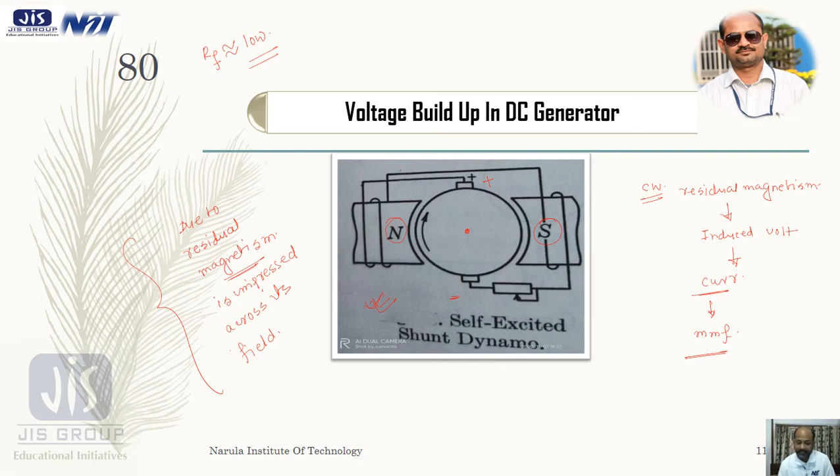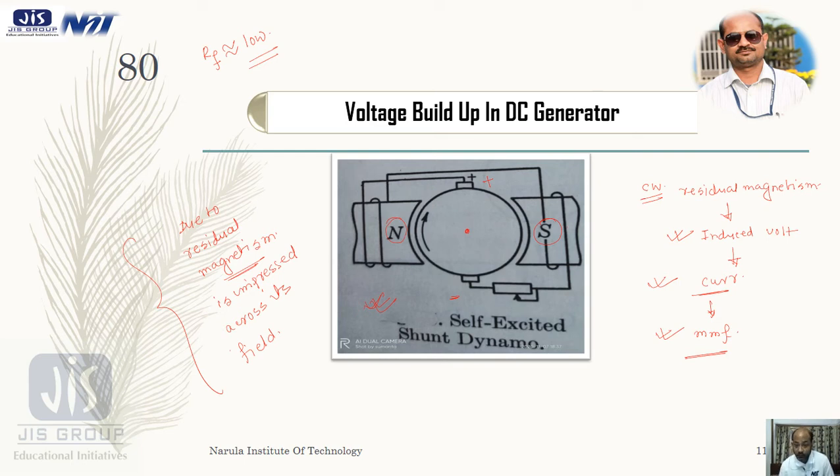And this increase of flux again causes increase in generated EMF, which again increases the current, which again increases the MMF, and which cumulatively increases this induced voltage or generated voltage.